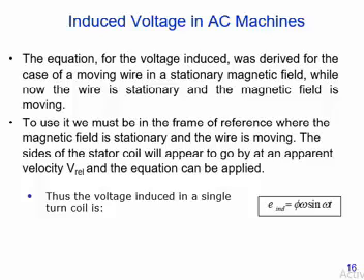For this, the voltage induced in a single turn coil is phi omega sin omega t, as we had derived in the previous section.